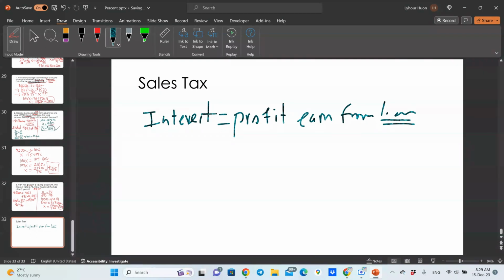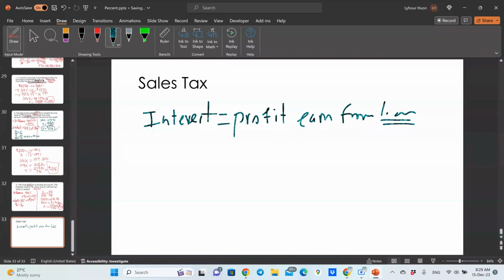Okay, when you open an account, do you have your own account? Yeah, but my mom controls it. When you have a bank account, you put the money in. But if you put it in a savings account, the interest is very low, maybe 2%, 3% maximum.